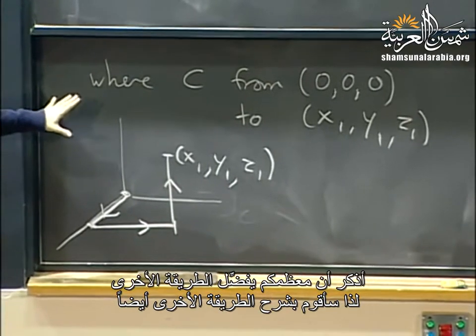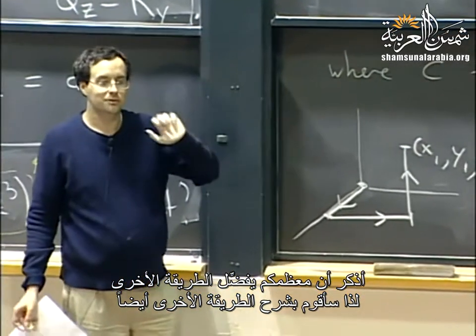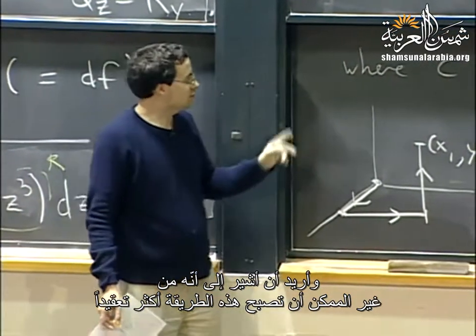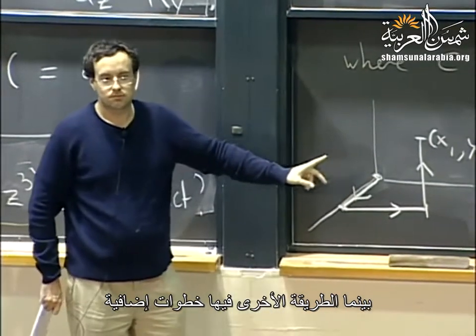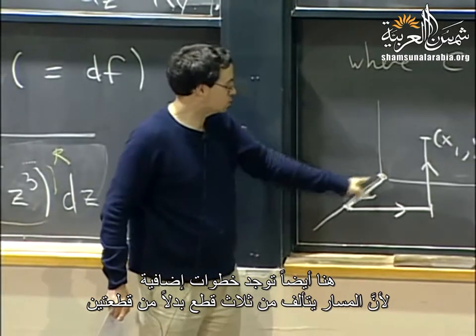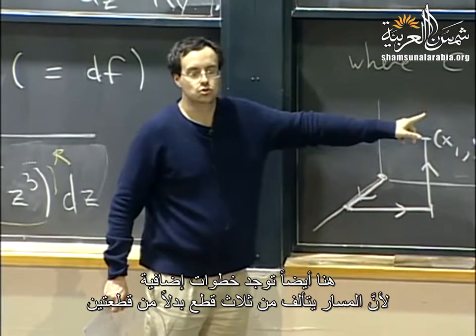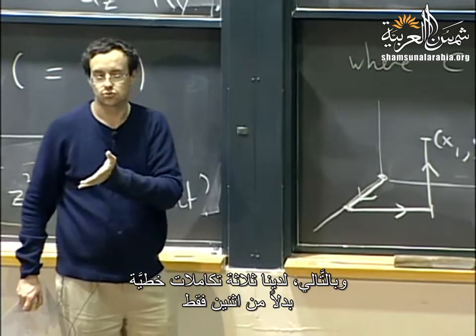Now I seem to recall that you guys mostly preferred the other method, so I'm going to tell you about the other method as well. But I just want to point out this one actually doesn't become more complicated. The other one has more steps. And of course here there's also a bit more steps because you have 3 parts to your path instead of 2, so you have 3 line integrals to compute instead of 2.